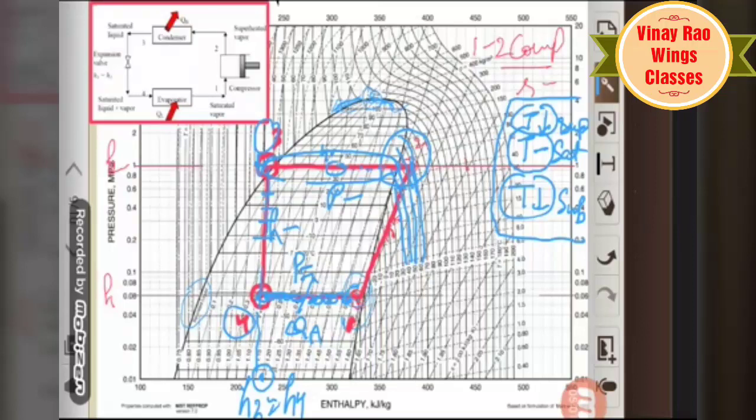Point number 1 is dry saturated. Point number 2 is superheated. Point number 3 is saturated liquid, and point number 4 is liquid plus vapor, as per our given diagram.